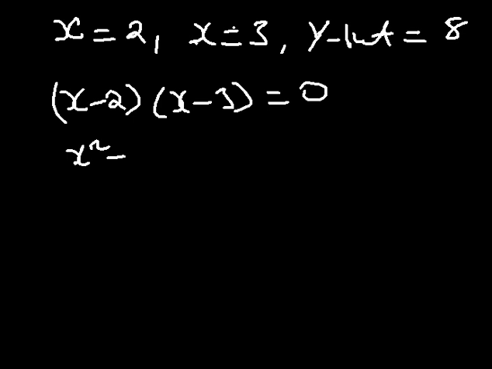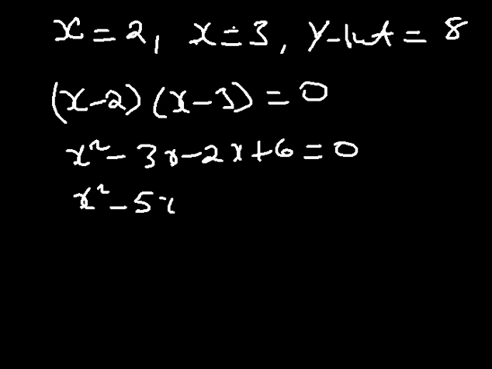That is x squared minus 3x minus 2x plus 6 equals 0. That is x squared minus 5x plus 6 equals 0. Now, the equation that we have has a y-intercept of positive 6, which contrasts with the y-intercept that we have been given.